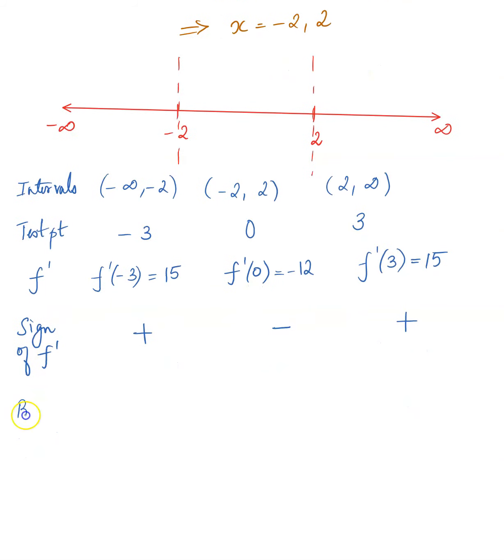So then I have another one. Behavior of f. Now, the sign of f prime actually tells you how f behaves. The behavior is for the function, not for the derivative. The derivative only helps you determine that behavior. So I come back here, and we saw that we had -2 here, +2 here.